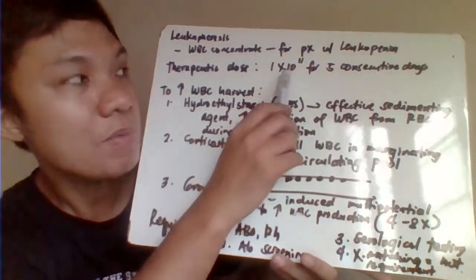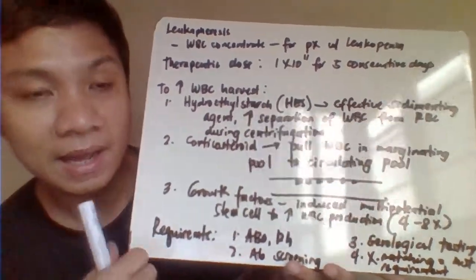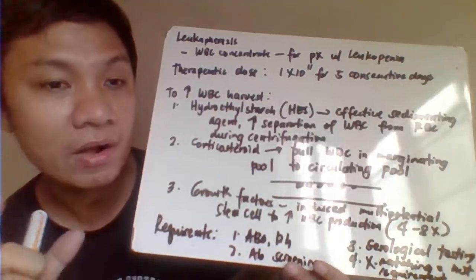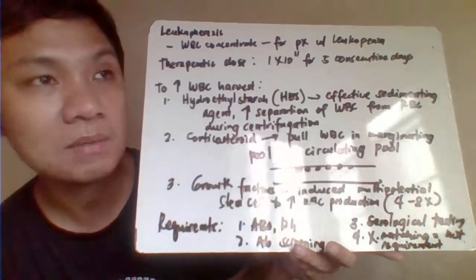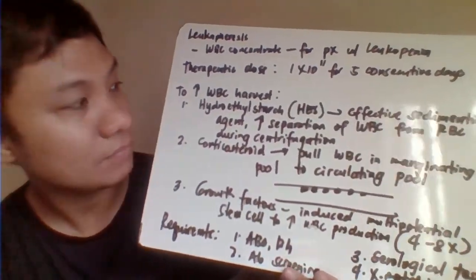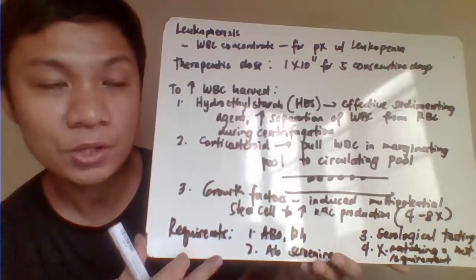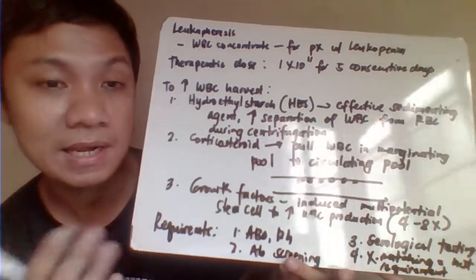Meaning to say, itong bibigay mo sa patient for 5 days para mag-increase ang kanyang WBC count. So, in each of your granulocyte concentrate, dapat meron kang ganito na WBC count 1 times 10 to the 11. Okay, so since the patient will be donating here the WBC, so dapat madami siyang WBC sa kanyang katawan.